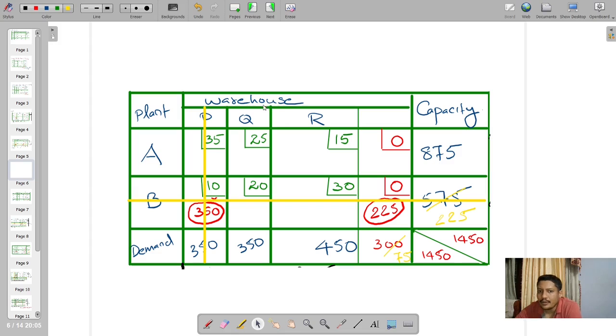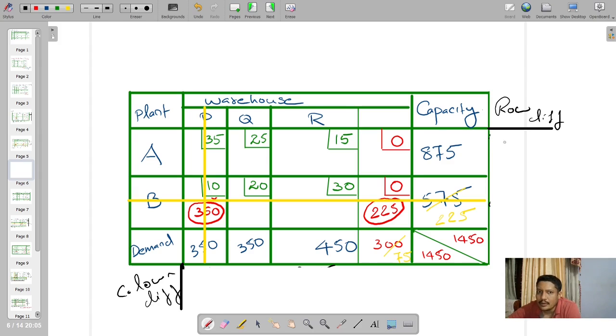So if we see over here, again we can go for row difference and column difference.